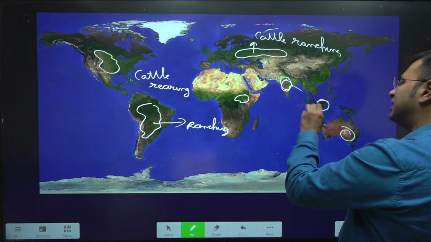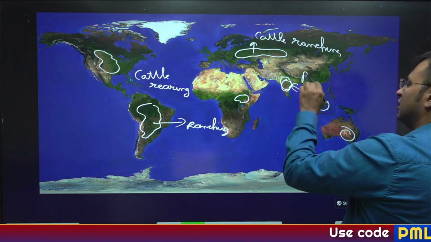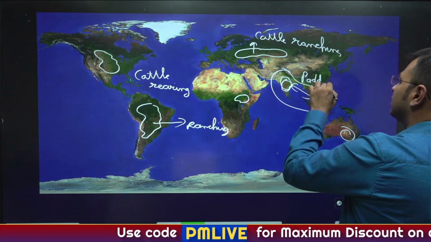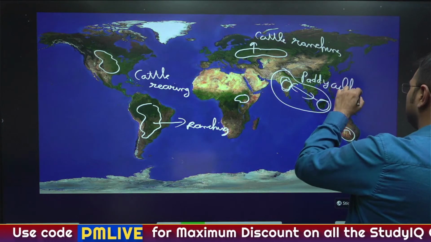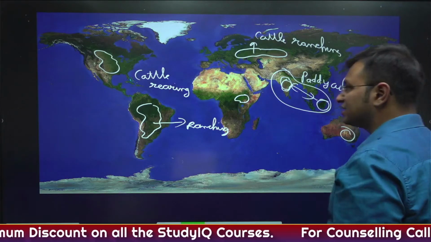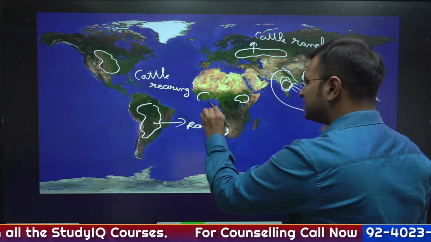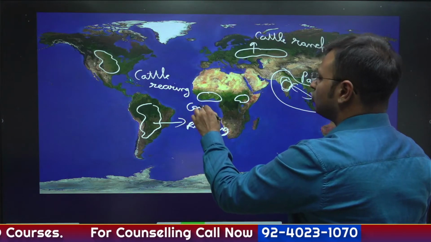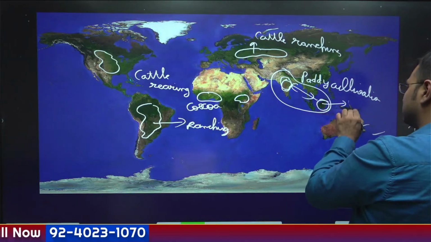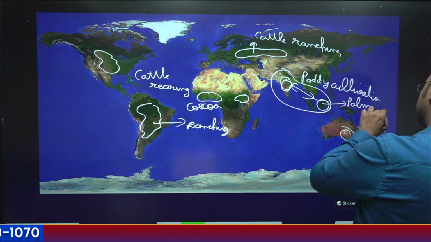If I'm talking about India, Southeast Asia, this complete sphere out there, this is known for paddy cultivation. And the same thing happening in Australia, New Zealand, cattle ranching. If I'm taking you to this area, this is where we have cocoa pod cultivation, and this area is where we are having the palm pod cultivation, right?